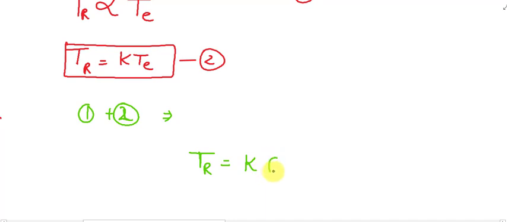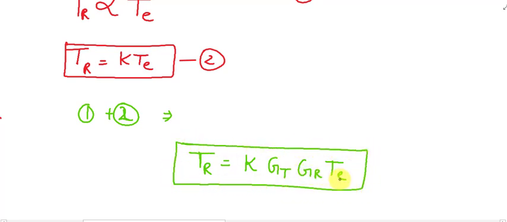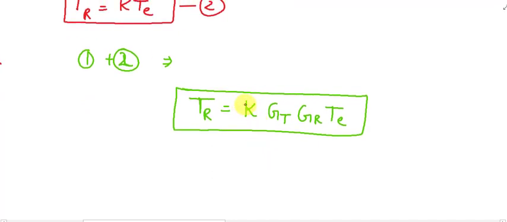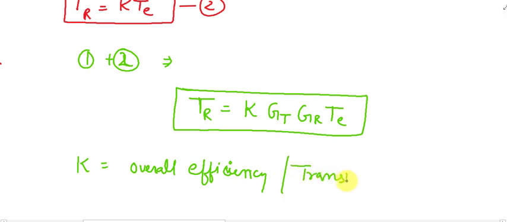the torque at the rear axle is equal to the torque produced by the engine multiplied by the gear ratio of the rear axle, multiplied by the gear ratio of the transmission, and the last one is the transmission losses, the transmission efficiency, and this efficiency K is the overall efficiency or transmission efficiency.